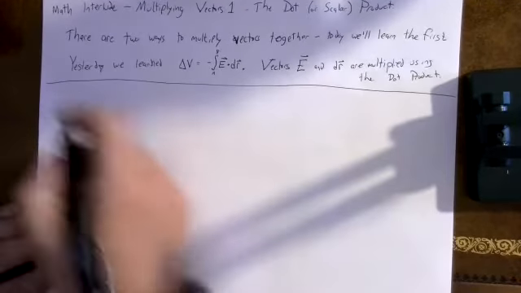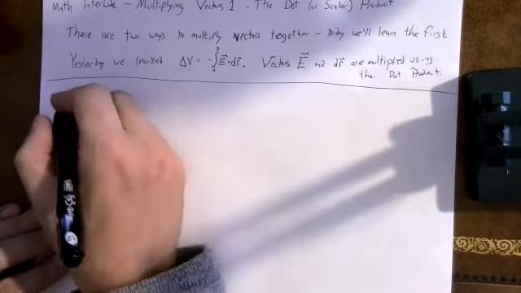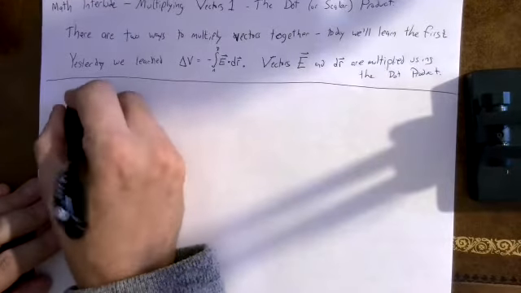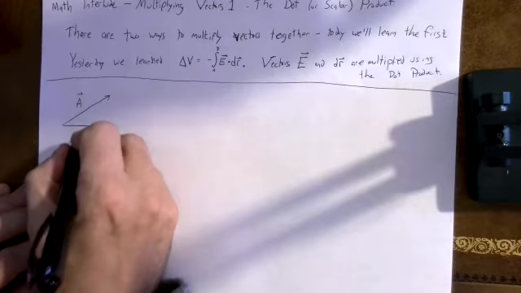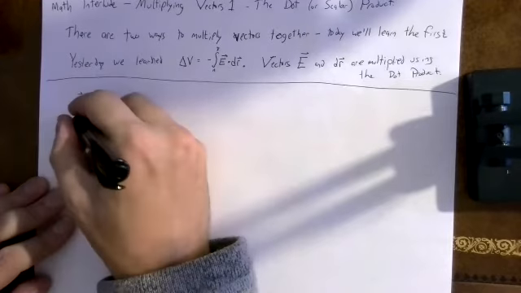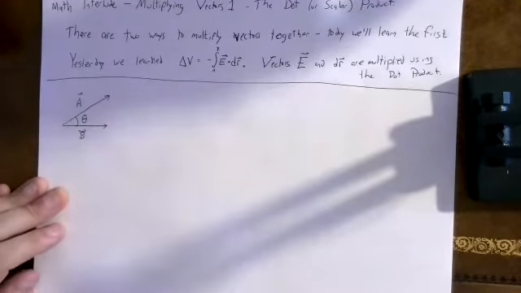So I'm going to just look at two generic vectors, not necessarily the electric field and the displacement. Here's vector A, and here's vector B, and they have some angle between them. It's what we can call theta.